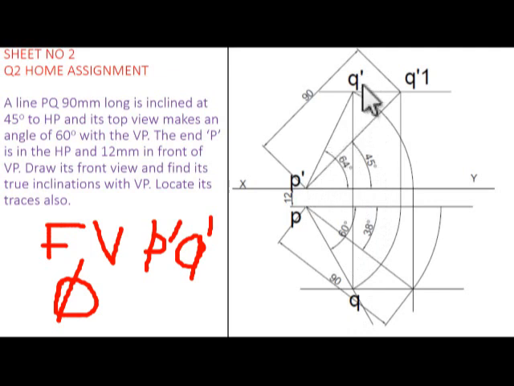Now the front view is ready in front of you. This P prime Q prime is nothing but the front view of the line PQ. Your first problem is solved. Let's repeat this solution.